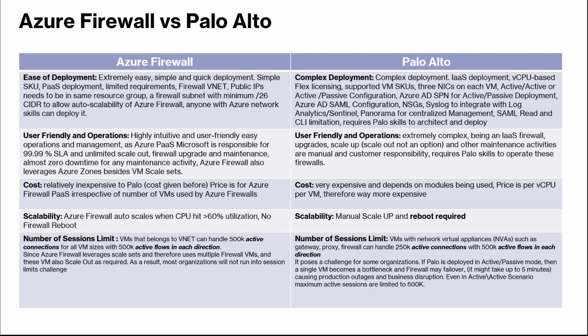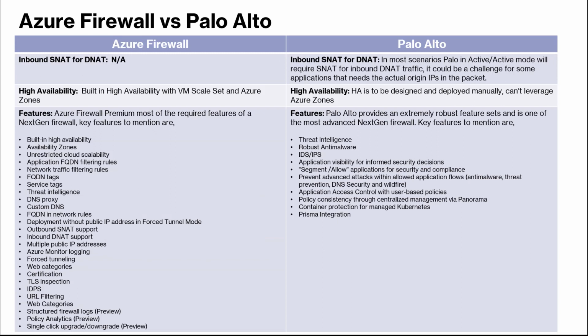Moving forward, in the Palo Alto scenario, when you do source NAT, right? Especially when you deploy Palo Alto in active-passive mode, we need to do the source NAT in most scenarios for any DNAT traffic.